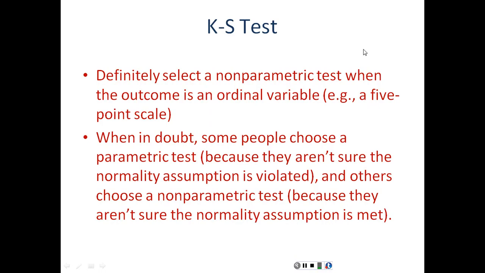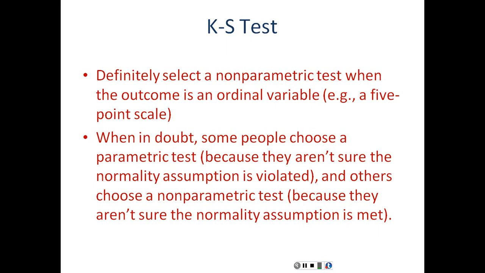For your KS test, you definitely want to select a non-parametric test when the outcome is an ordinal variable. For instance, if you have a survey using a 5-point scale, that outcome is ordinal, so stick to a non-parametric test.